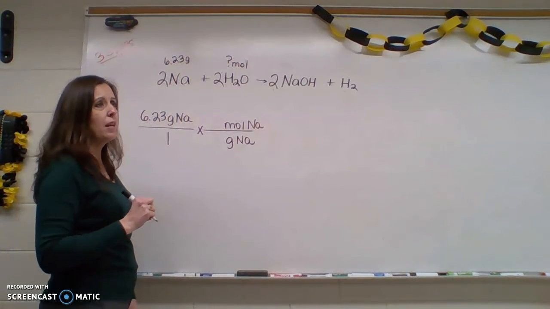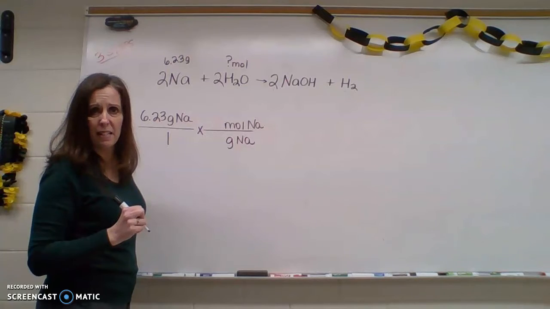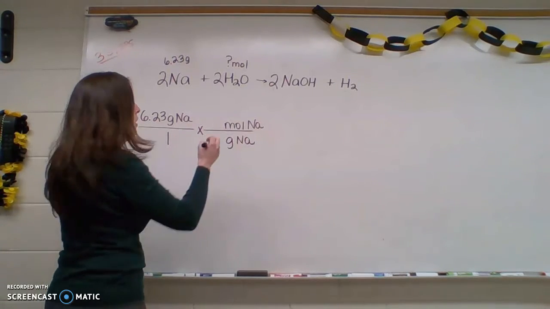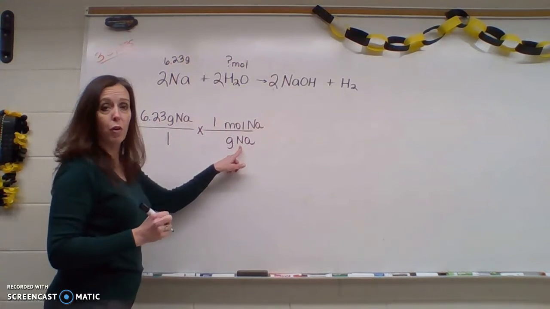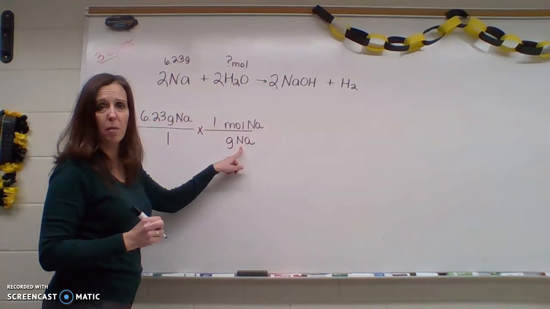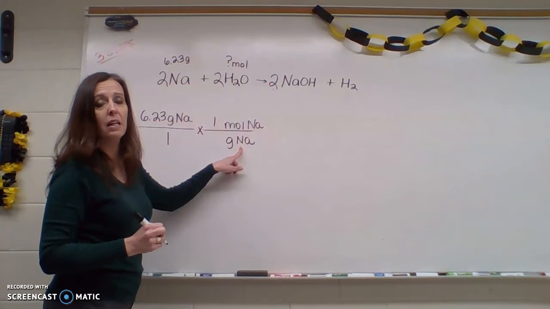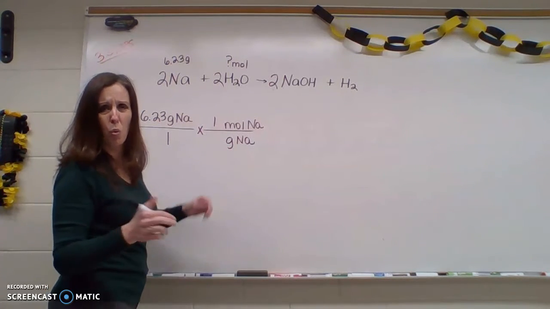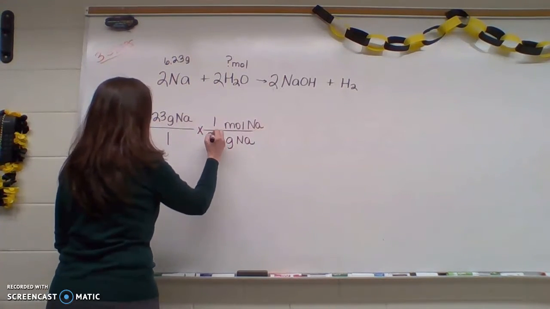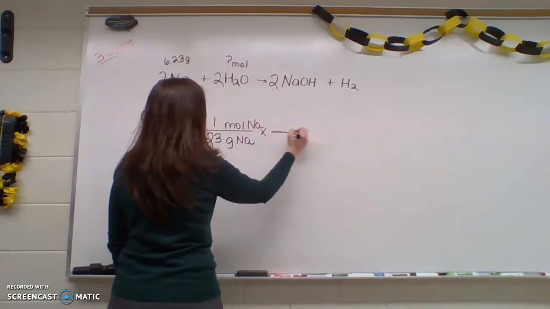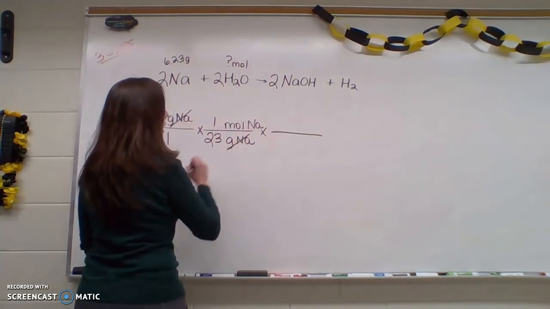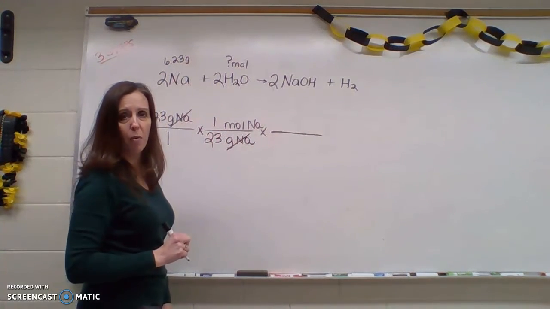All right? Now, from our happy cloud from back in the day, moles gets 1. Grams comes from the periodic table. So when you look at the periodic table for Na, its mass is about 23. I'm in moles of sodium. I don't want to be there.